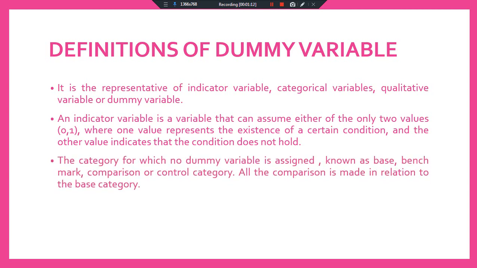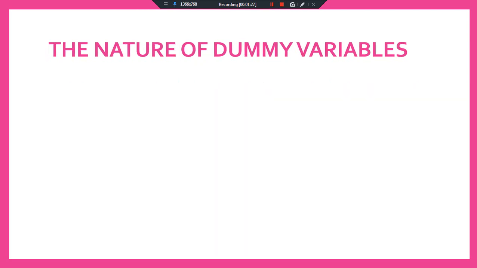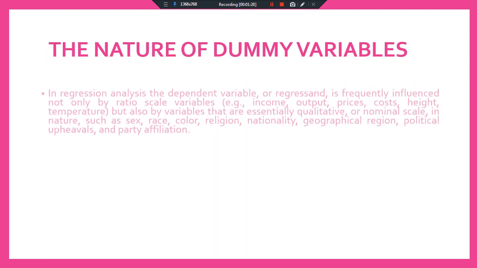The category for which no dummy variable is assigned is known as the base, benchmark, comparison, or control category. All the comparison is made in relation to the base category. The nature of the dummy variables.